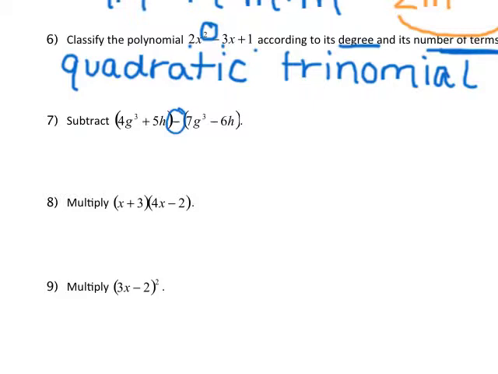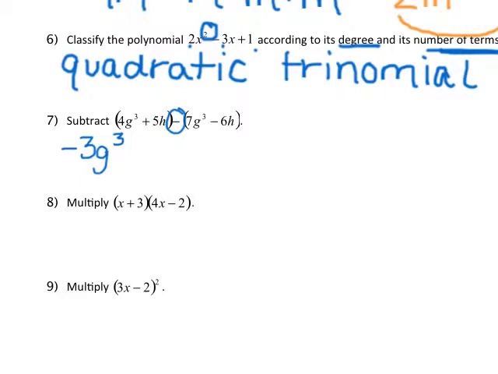4g cubed minus 7g cubed. 4 minus 7 is negative 3g cubed. Remember, when you're doing that, the exponents don't change. And then 5h minus negative 6h. Don't forget that that's really a negative 6. That negative goes with the 6. So 5h minus negative 6h.